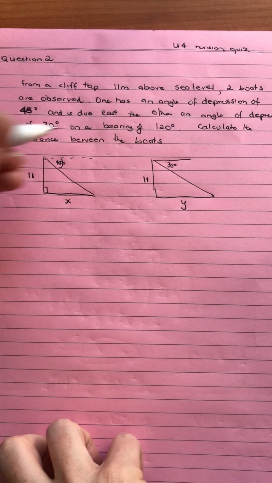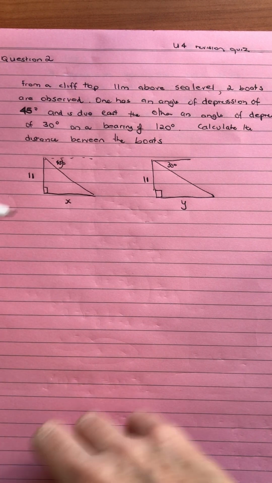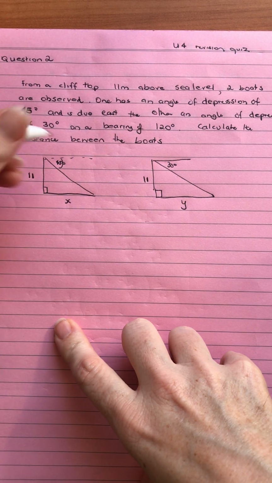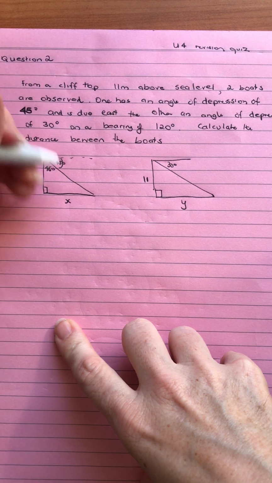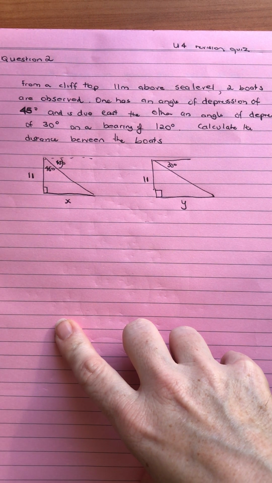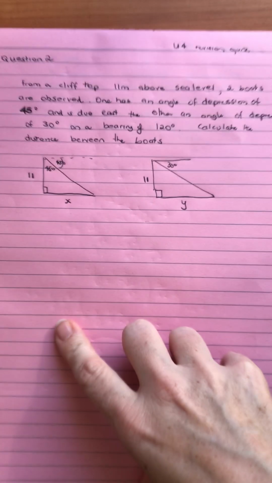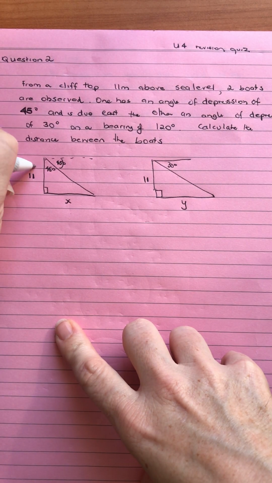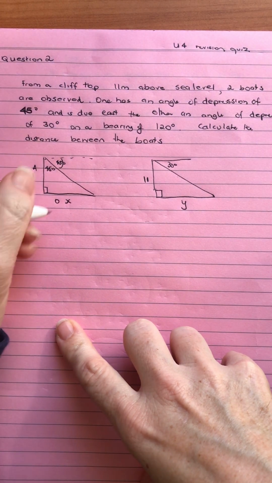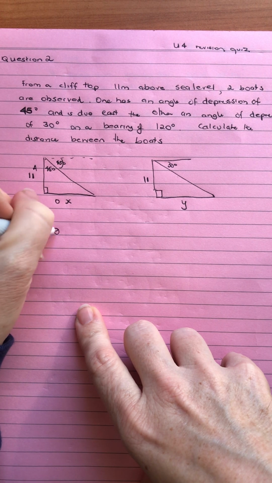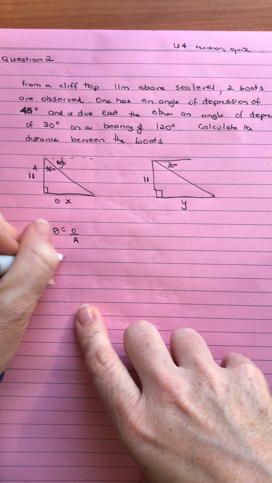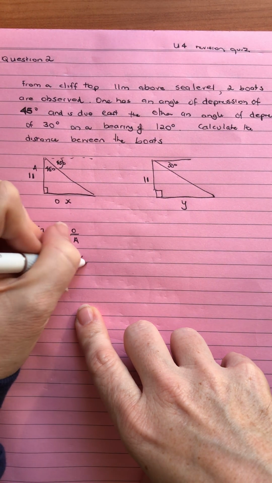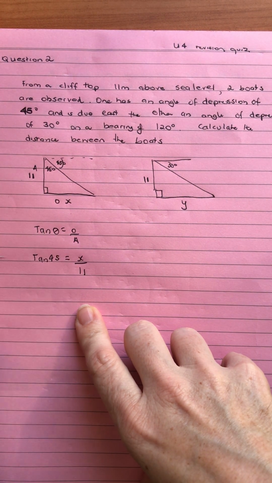So using our right angle triangles first, we have our 45 degrees, and we can bring that 45 there as well because they'll have to add to 90. So because we have our 45 degrees there, we've got our adjacent and our opposite. So we will go tan theta equals opposite over adjacent. Tan of 45 is going to equal our x over 11.